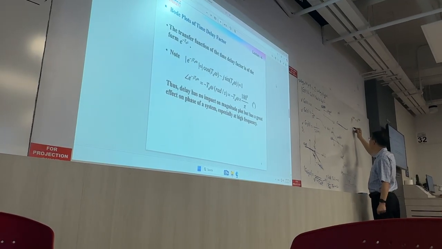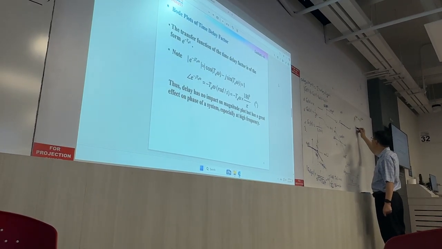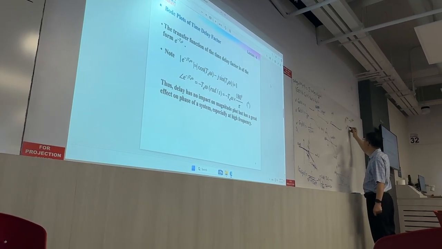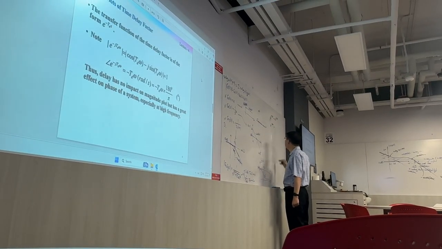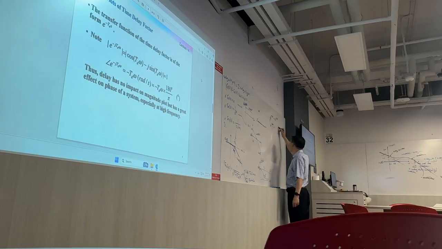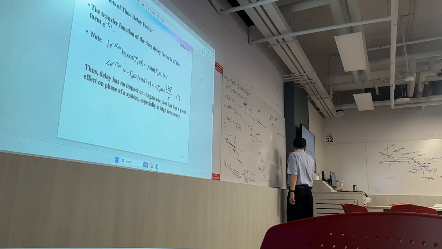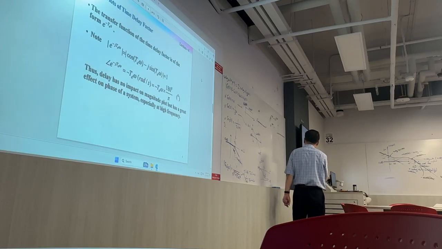So the magnitude of this guy is equal to 1. So the Bode plot is 0 for all frequencies. So it doesn't bother what we have obtained.